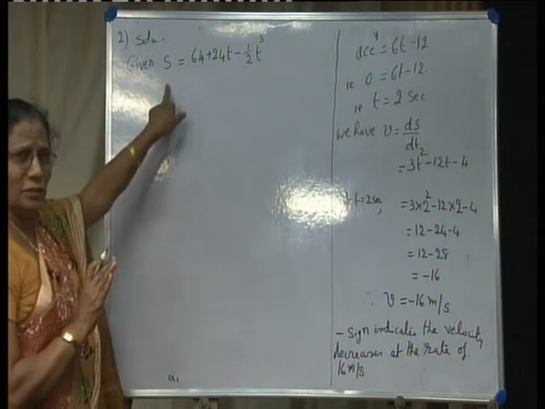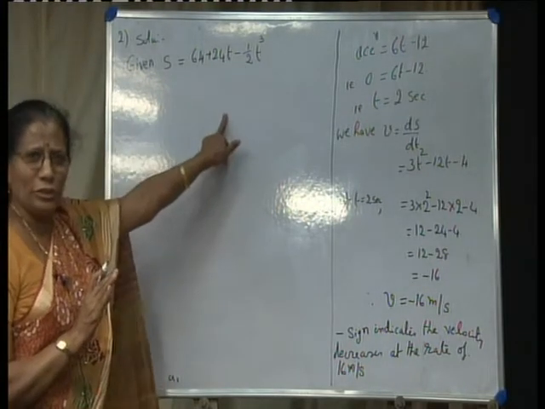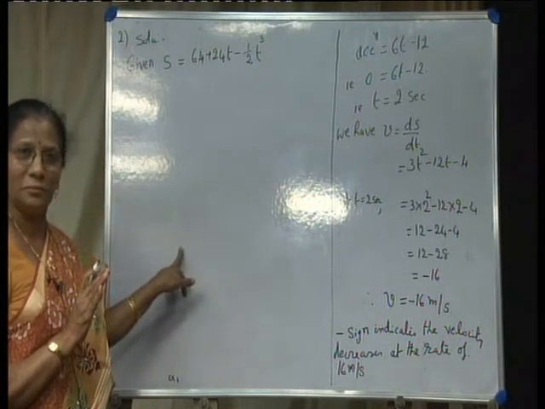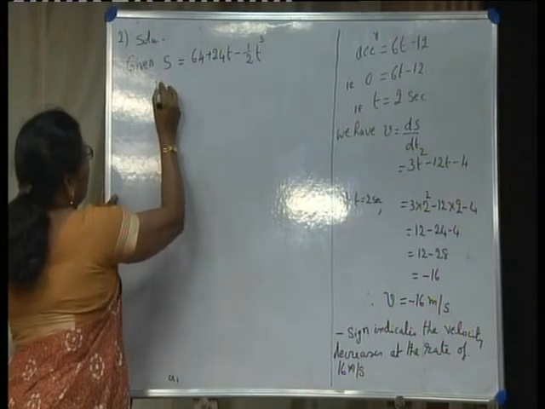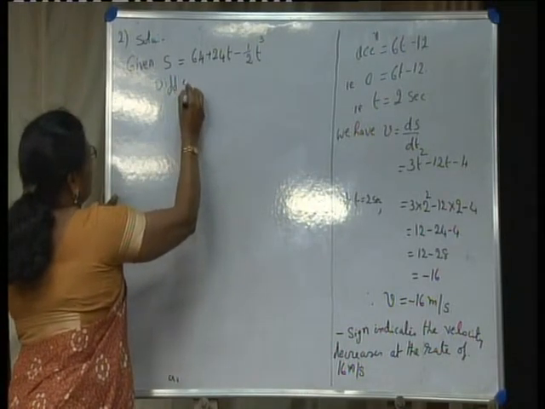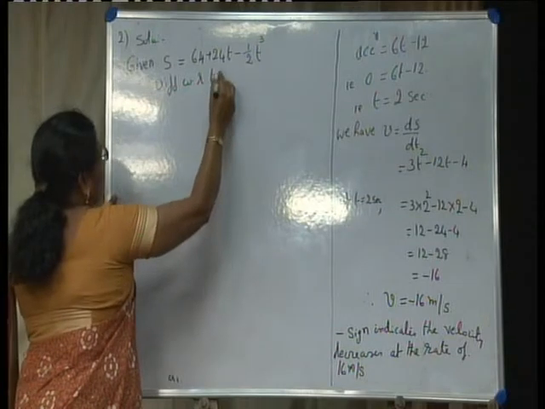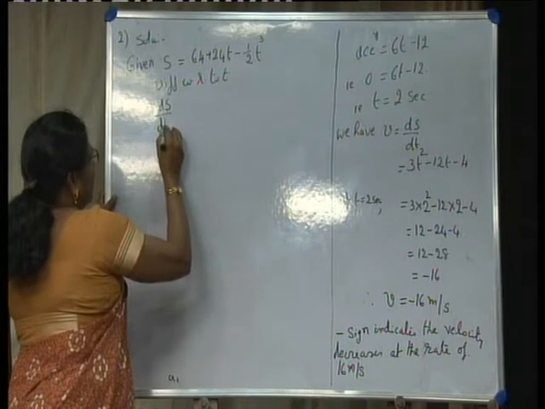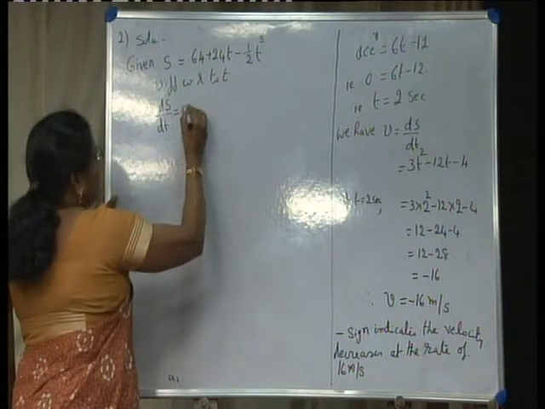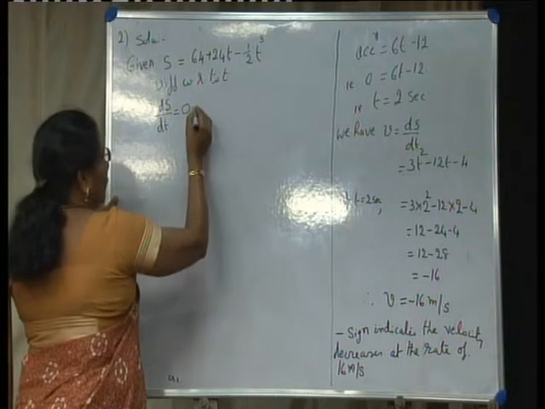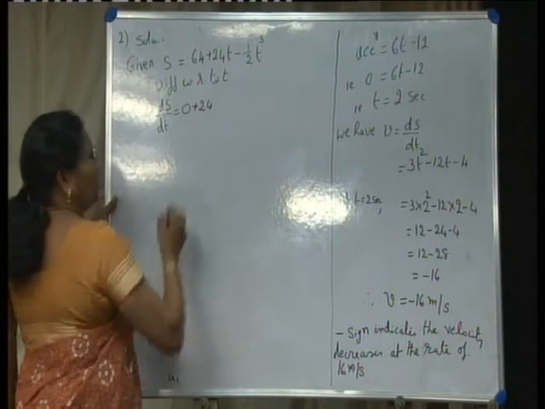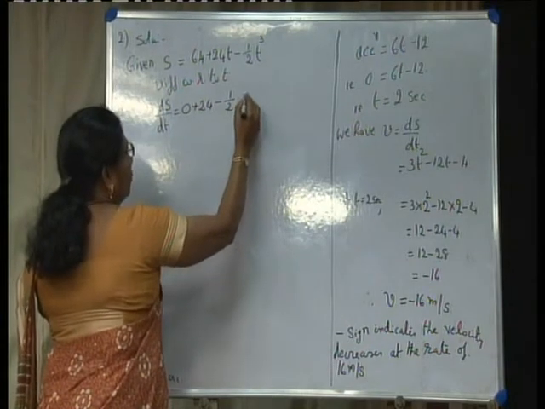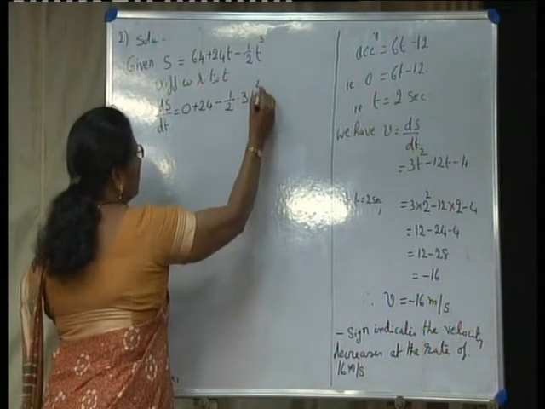First, the displacement is given. Differentiate with respect to t and you will get the velocity at any time t. ds by dt: the derivative of the constant 64 is 0, the derivative of 24t is 24, minus the derivative of t cube, 3t squared.